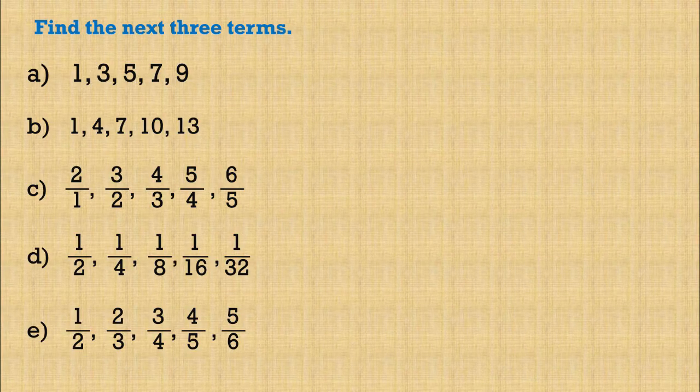Now let's try this exercise first. Find the next 3 terms in the given set of numbers. Now for the answers. In letter A, the next 3 terms are 11, 13, and 15.